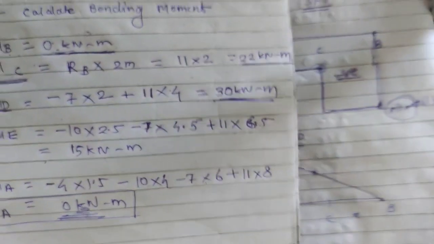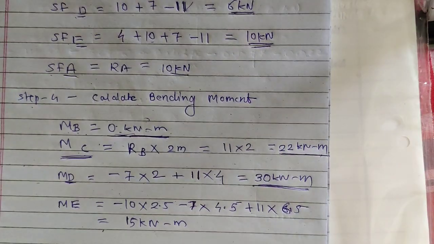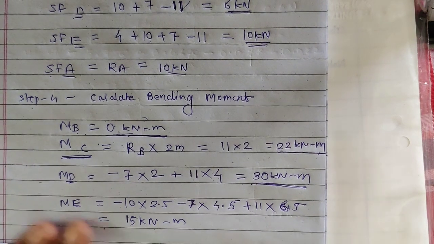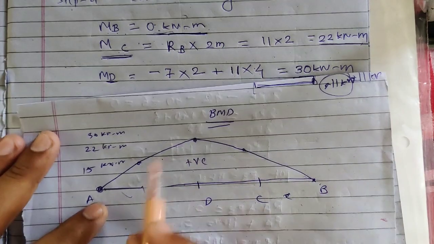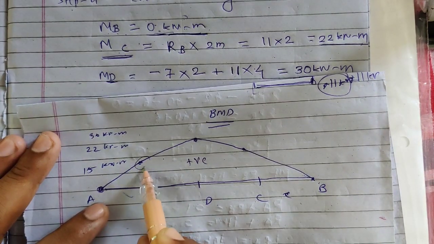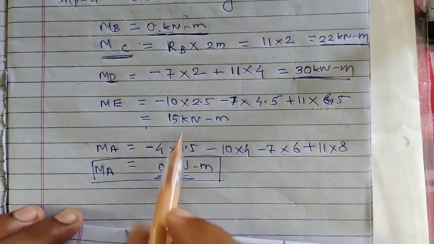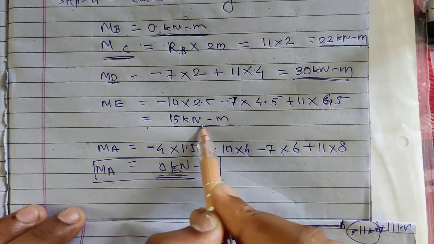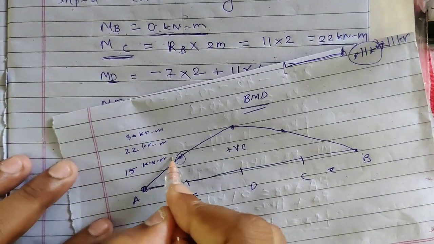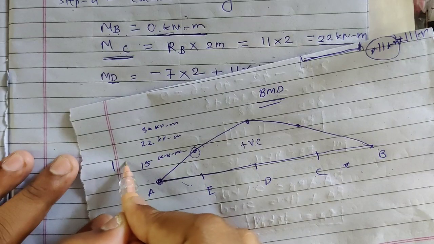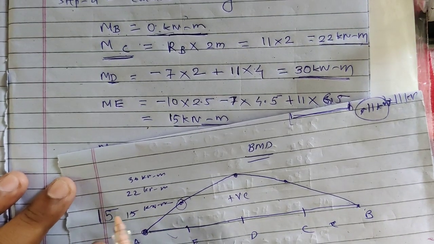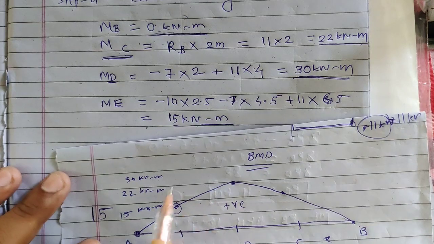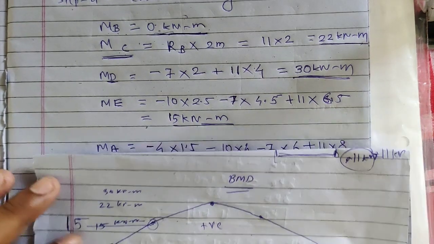Now at E point, my bending moment comes out to be 15 kilonewton meter. Okay, so this is 15.